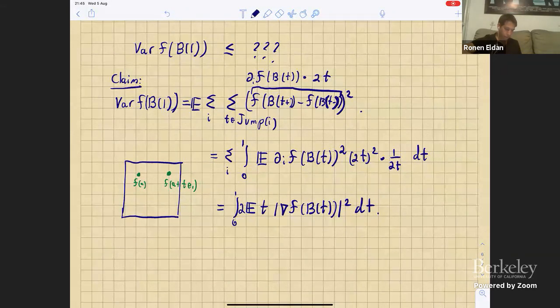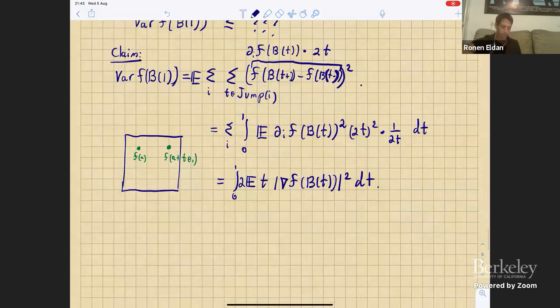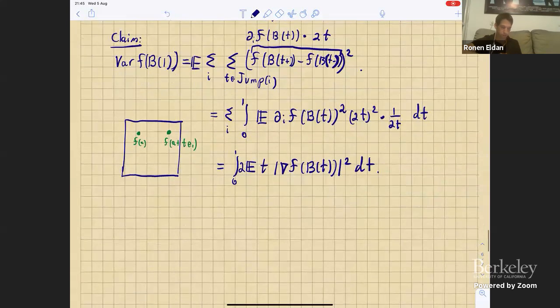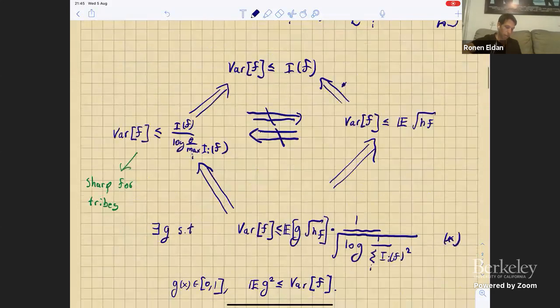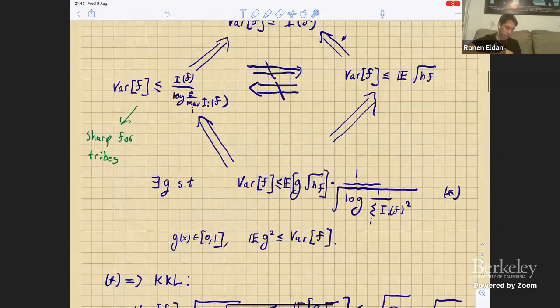I think I have less time than I had planned to have reaching this point. I think I'll try to give you an idea. We are going to forget about this inequality, because I'm not going to have enough time to tell you how to prove it.